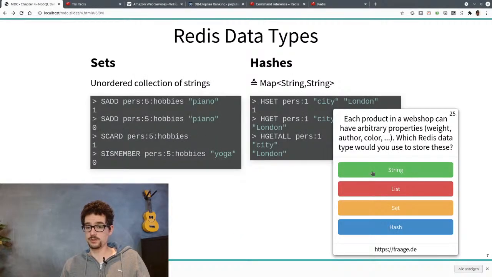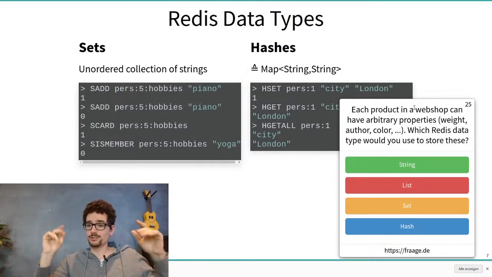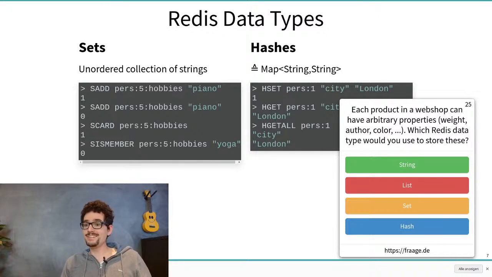Let's look at the answers here. We want to store arbitrary properties for each product. So each, I want to say row, each key is a product and each value is a hash of properties. So most of you answered it correct. String, yeah, then you need to store a JSON string, or what do you mean by that?